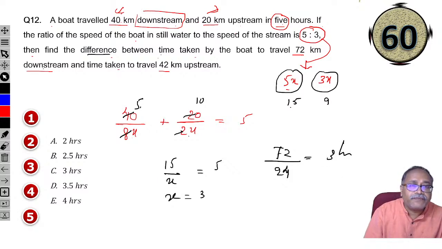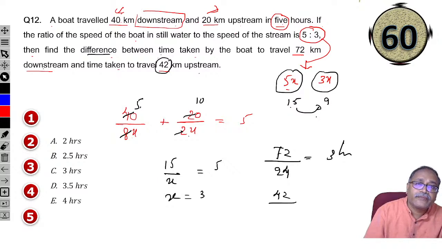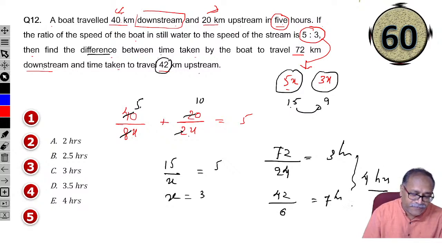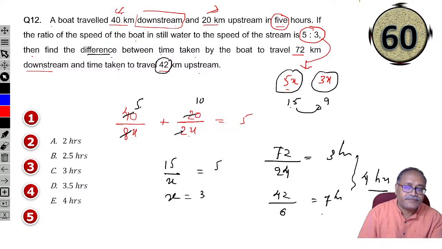And 42 km upstream, so 42 divided by the upstream speed, which is 15 minus 9, that is 6, and this is 7 hours. So what is the difference? The difference is 4 hours. So your answer should be option E.